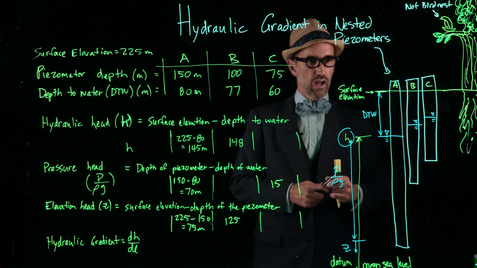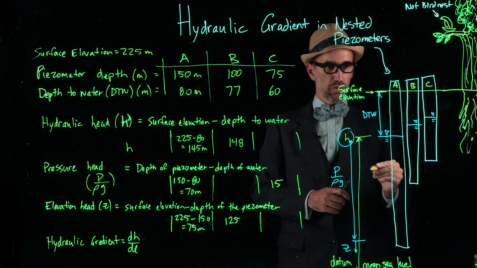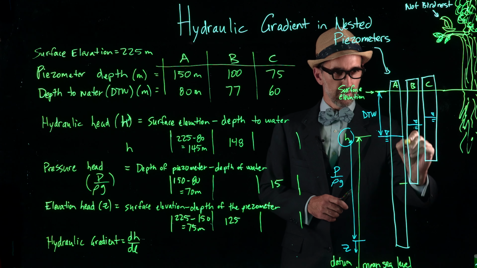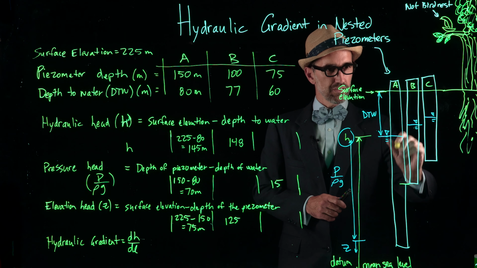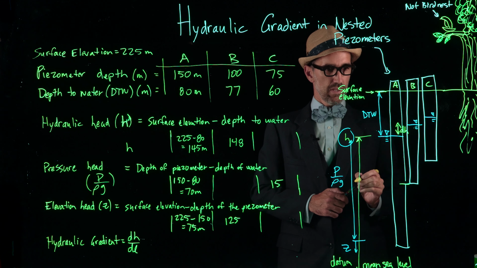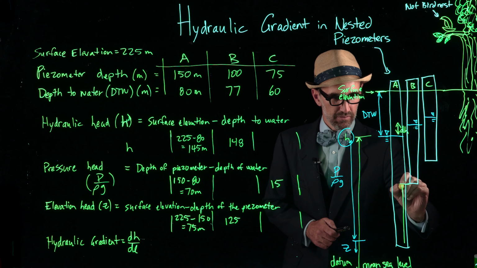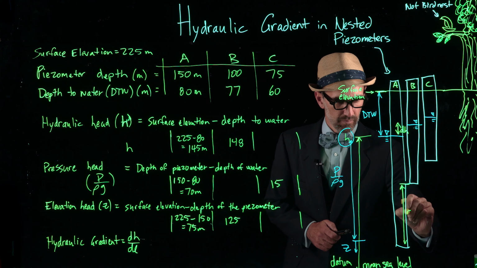And our dH, if we're looking for the gradient between well A and well B, is between here and here. So here's our dH. And our dl is the difference between these two screens.